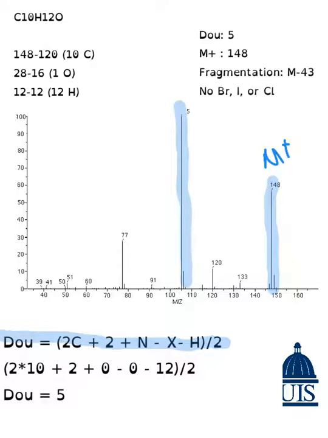The difference between our M+ and base peak actually gives us our fragmentation pattern. So I'm going to take 148 minus 105, and that gives me a fragmentation pattern of 43. And then just based on my molecular formula, I can tell that there's no bromine, iodine, or chlorine in the molecule.